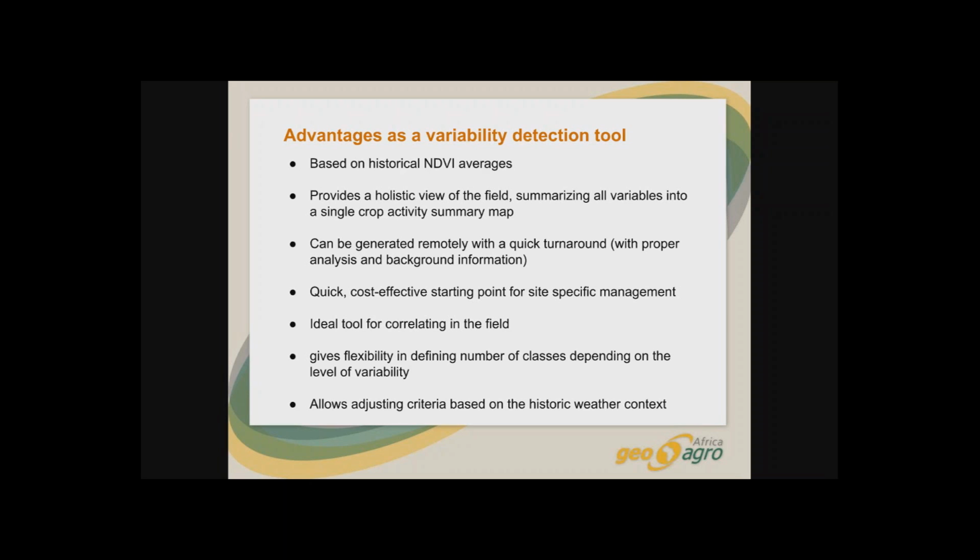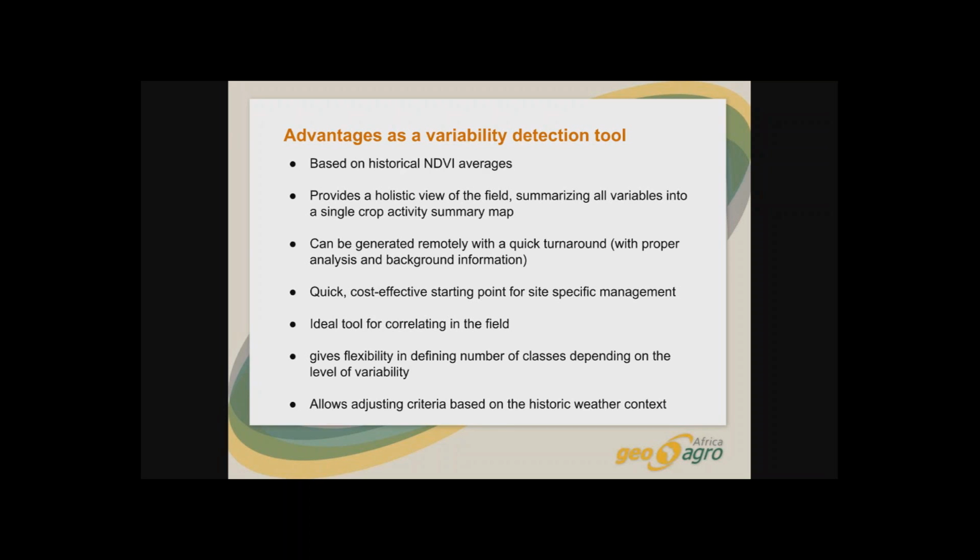It can be generated remotely with a quick turnaround. With proper analysis and background information, it's not something that you copy and paste or you do automatically. There's an intelligent operator behind this who is going to be selecting the images, and there's a lot of interaction between the imagery analyst and the agronomist.